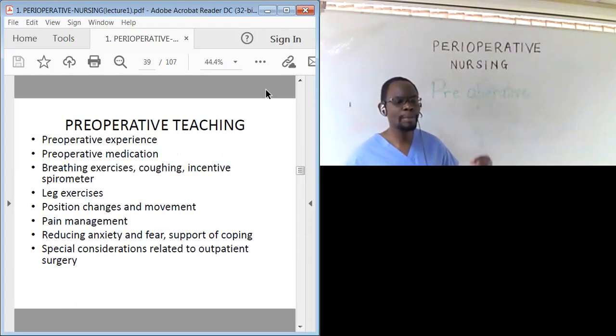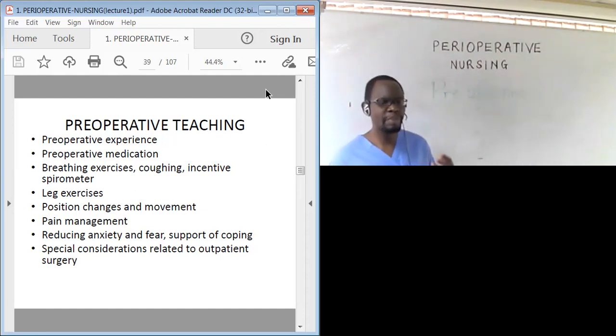The patient needs to be told how they should protect their abdomen so that it does not give way after operation. So breathing exercises, coughing. What are the coughing techniques? Is there a need for incentive spirometry? So all these should be taught to the patient before the operation. Leg exercises. What position changes and movement will be expected for this patient.